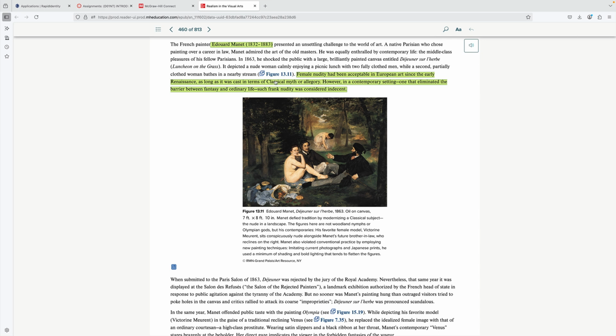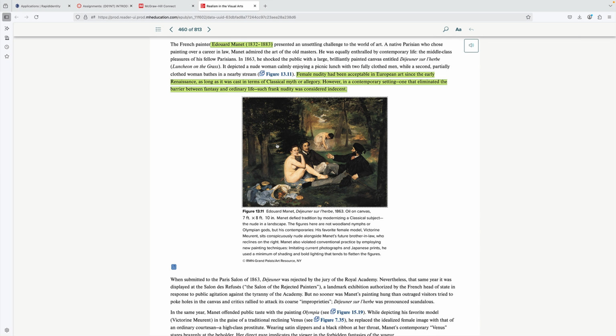I don't think I've pointed it out for most of this term, but if you mentally go back through the Rolodex, all the naked women you've seen in paintings have been goddesses or loosely associated with high myth for the area. Manet is not doing that.